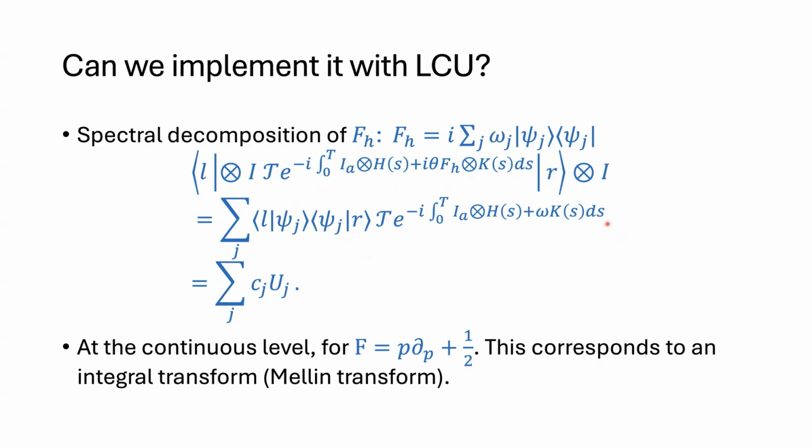What is left behind are these unitary operators, right? And so these suddenly become a Hermitian operator. And altogether, this becomes a linear combination of unitaries. Now, this doesn't have to be done at the discrete level. You can go back to the continuous level, apply the Mellin transformation, and derive a formula like this.